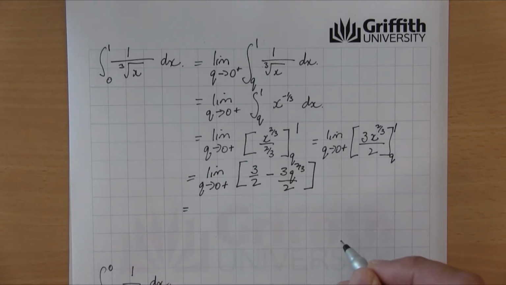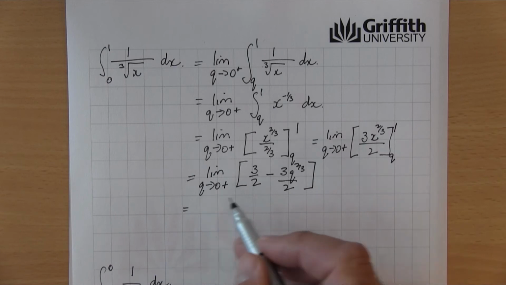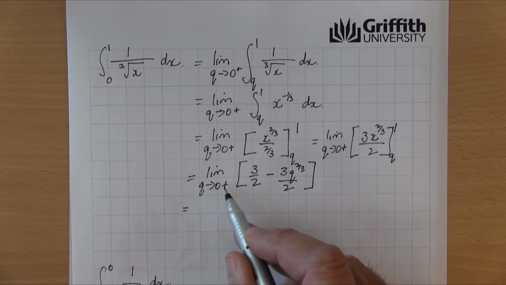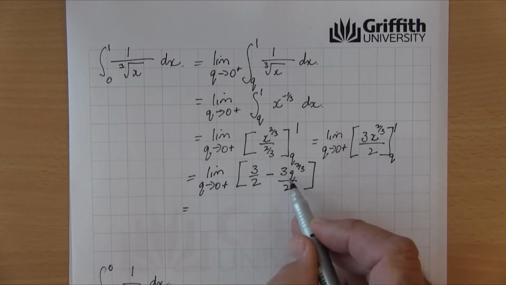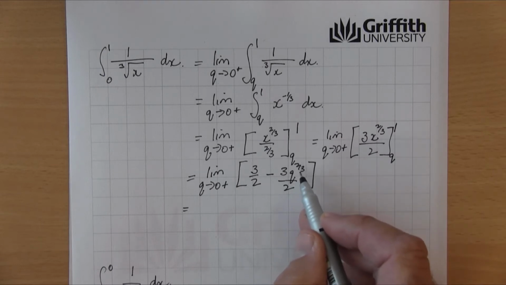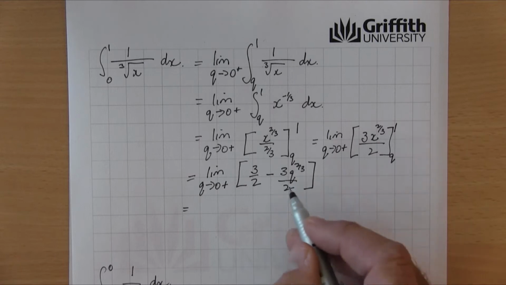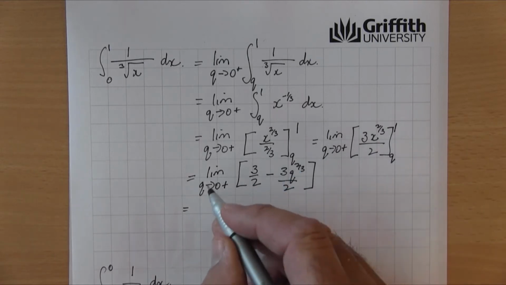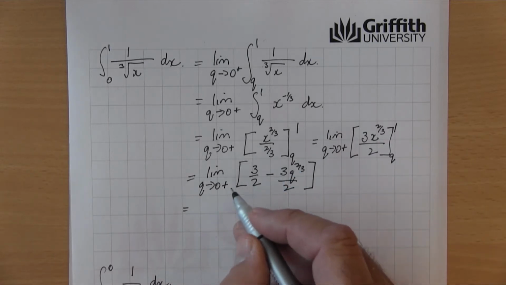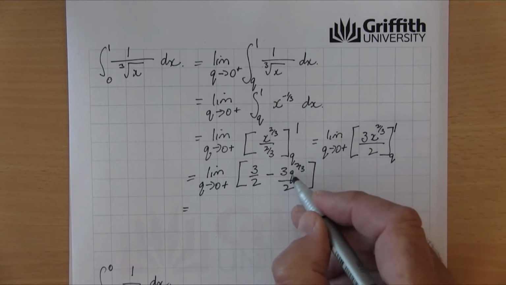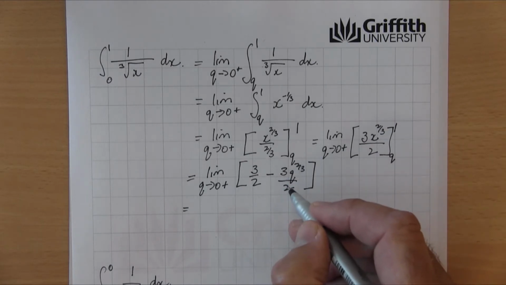So as q approaches 0 from the positive side, this is actually going to approach 0. 0 raised to any power is going to be 0. So when we substitute q approaching 0 from the positive side, that whole term there is going to become 0.